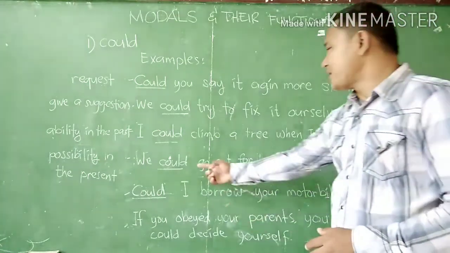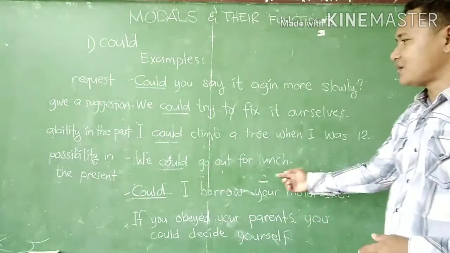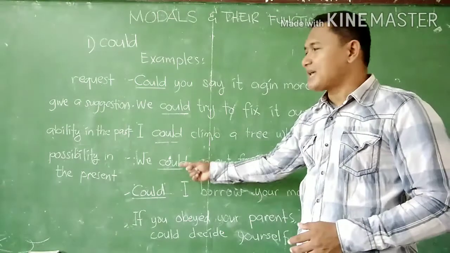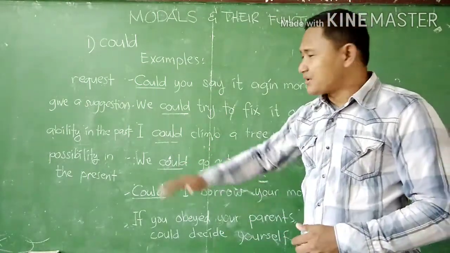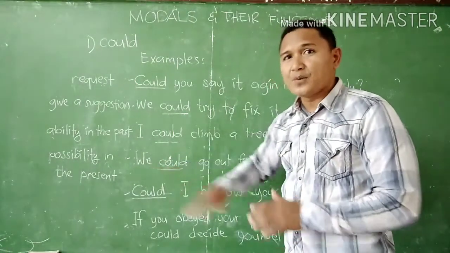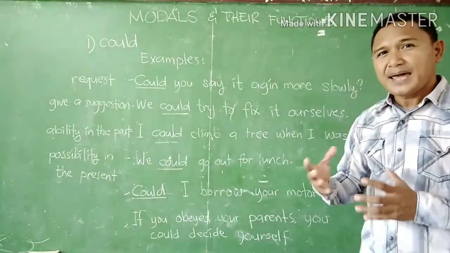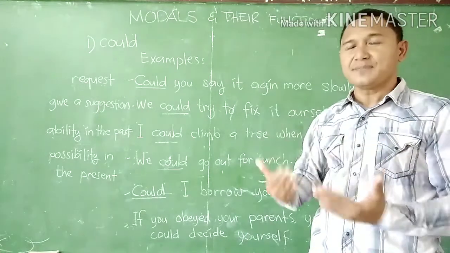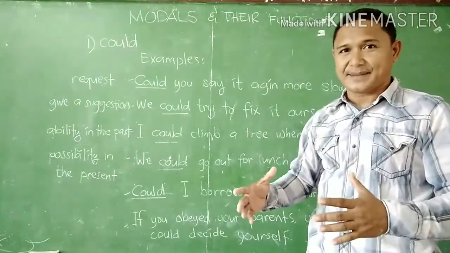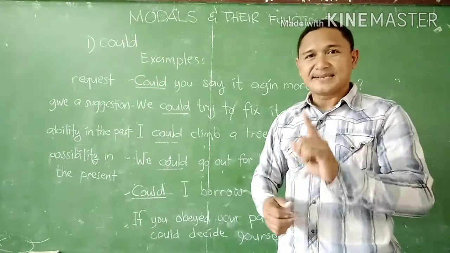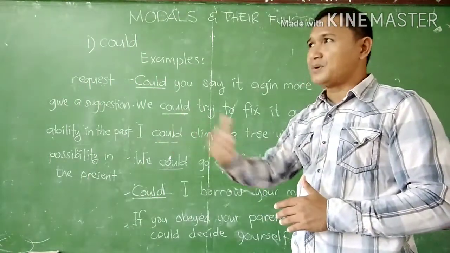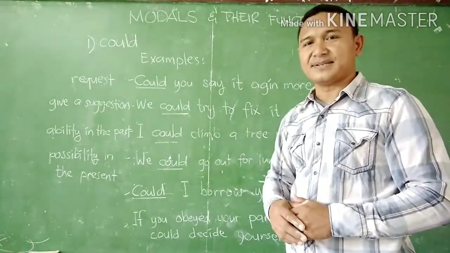Next, we could go out for lunch. Could here expresses possibility in the present. You can use could also when you approach somebody and you think that it is possible to happen at this time, or the moment that you are speaking. Example, we could go to the beach today.